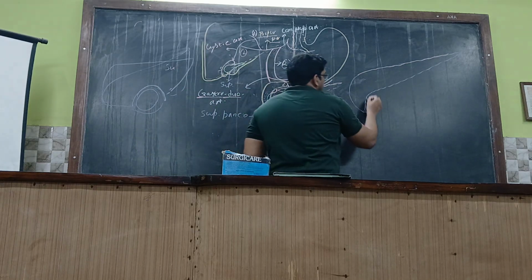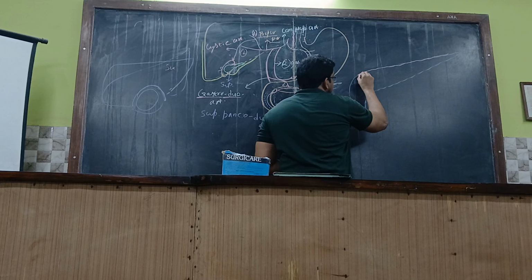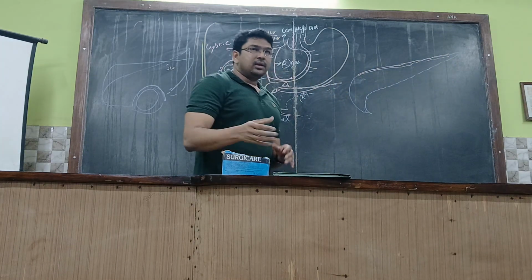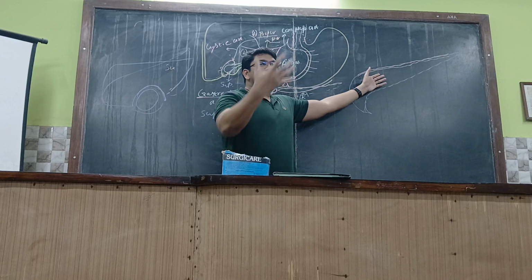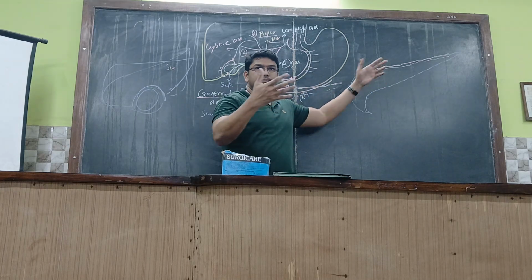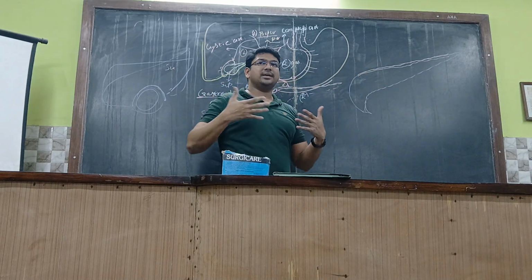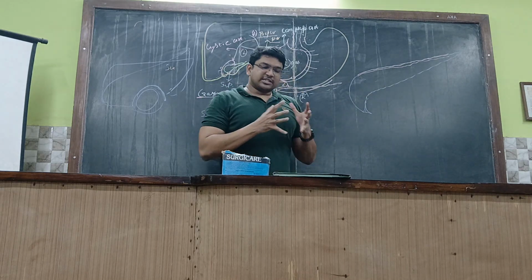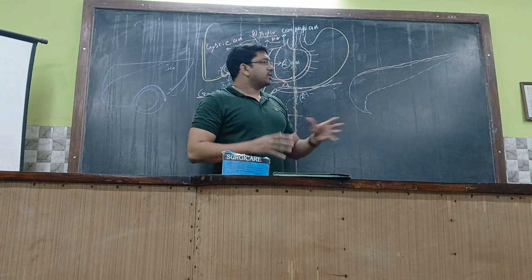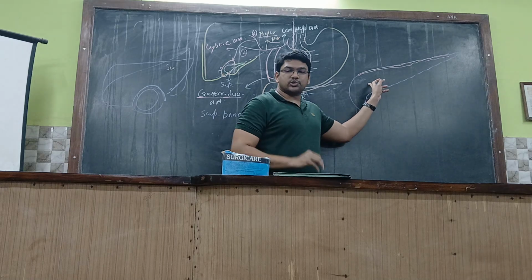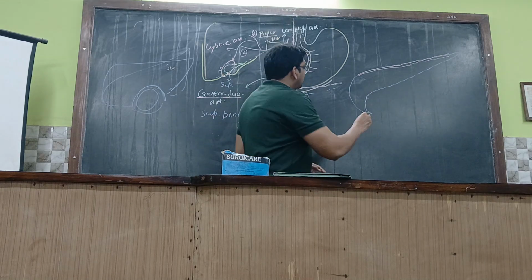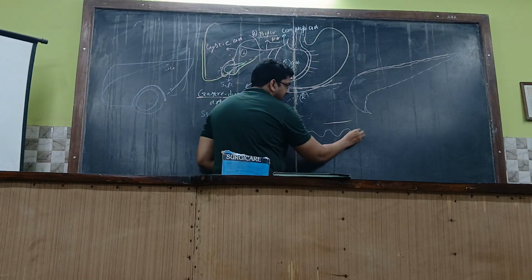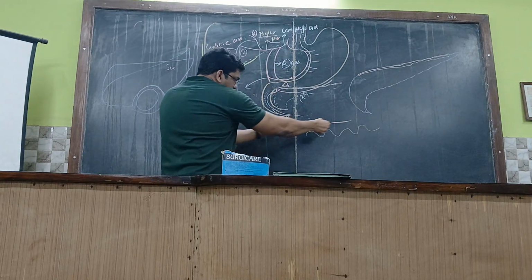Through the upper border of the pancreas goes the splenic artery in this manner, which is very tortuous because the pancreas will be lying behind the stomach. Just now I told you, the pancreas and the two kidneys will be behind the stomach. Because the stomach will be expanding with food intake, the artery is tortuous. A normal artery will be straight, while tortuous means curved in this manner, so you can stretch the arteries.